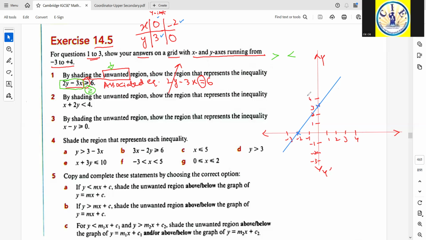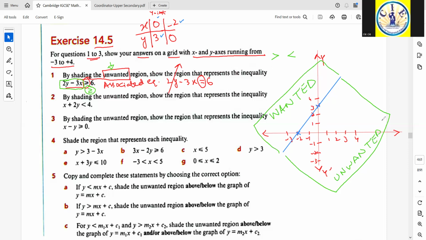So this is the region lying above the line that we want. So this is the wanted region above that, and this is the unwanted region below that line. So since we need to shade the unwanted region, we would just be shading this portion like this.